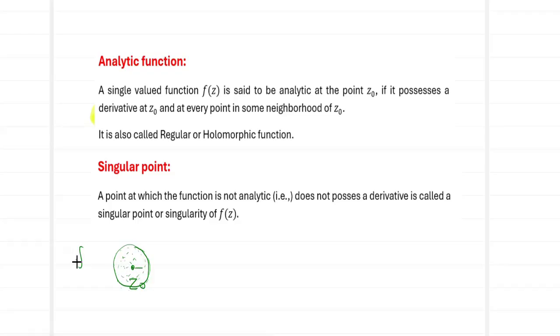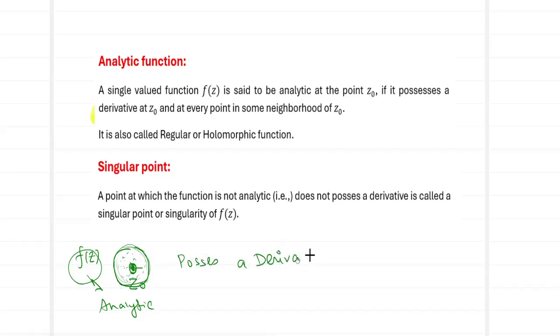So if my function f of z is going to have a derivative at z0 and at all the points in this neighborhood, then if the derivative exists, you call this f of z an analytic function. So the main concept is possessing a derivative.